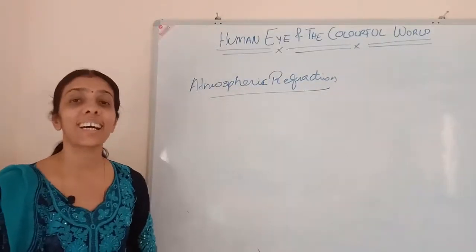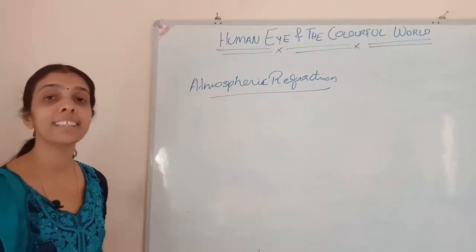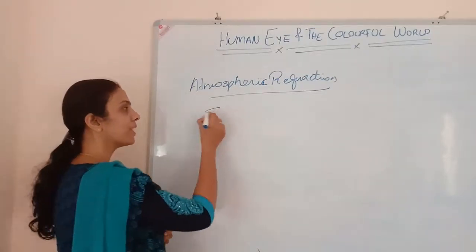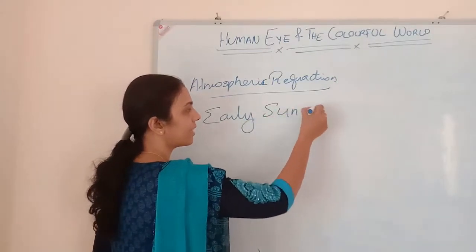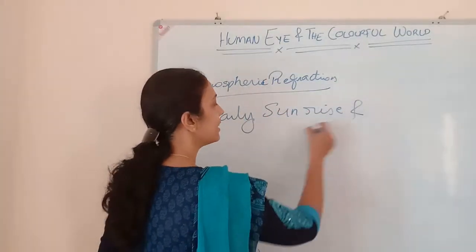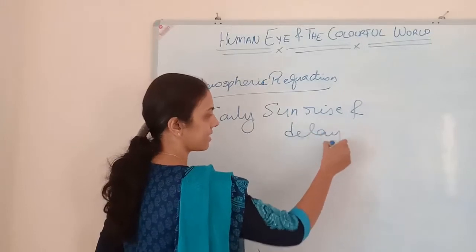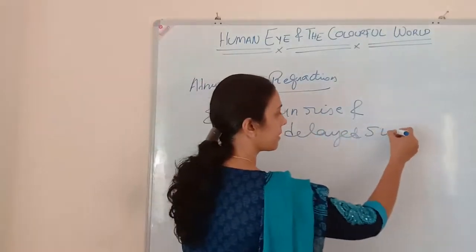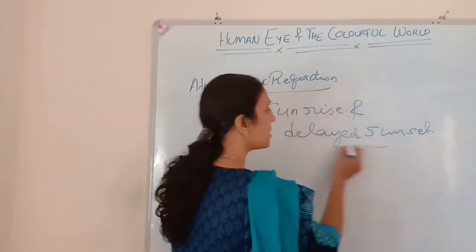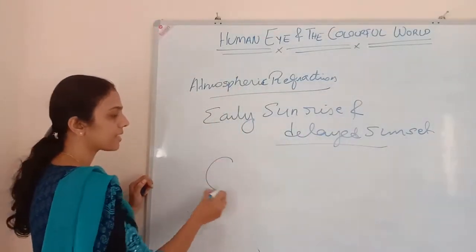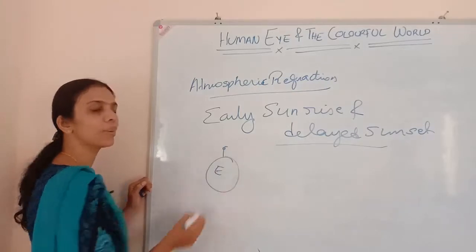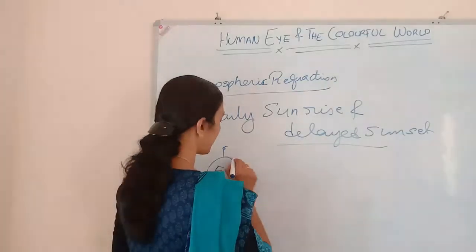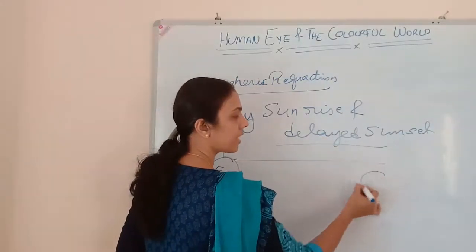Next is early sunrise and delayed sunset. See, suppose this is Earth. We are observing from here, and this is the horizon. The Sun is over here.